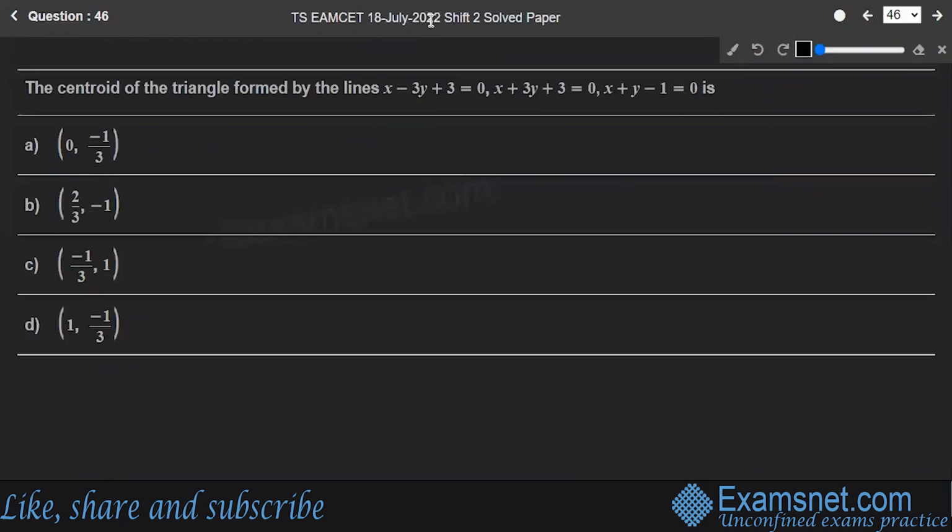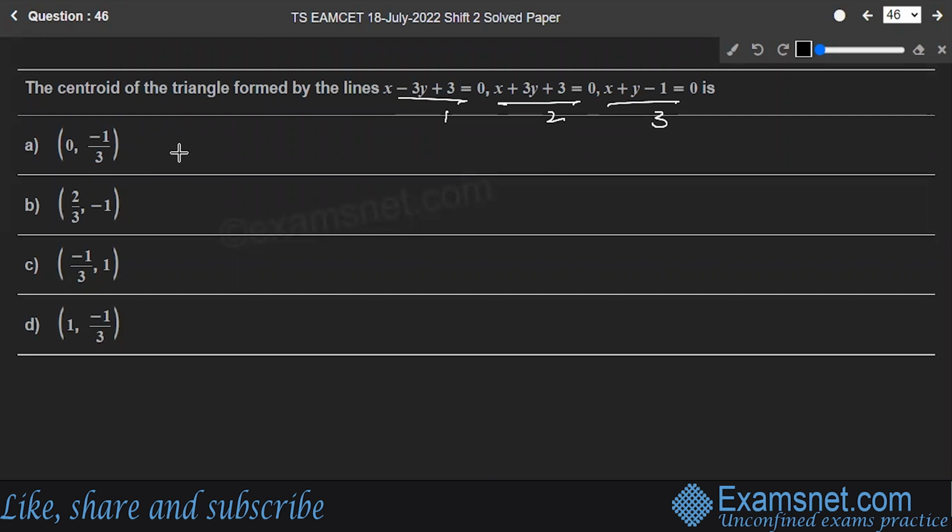Question number 46. The centroid of the triangle formed by these lines is. Centroid, you know the formula. If I note the vertices of the triangle, see, these are the 3 equations given. If I come to know about the 3 vertices, I can easily find out the centroid. That is quite easy. But I am instead given 3 equations. If I have 3 equations, it's easy to find out 3 vertices, right? First 2 equations, this is number 1, number 2, and number 3.